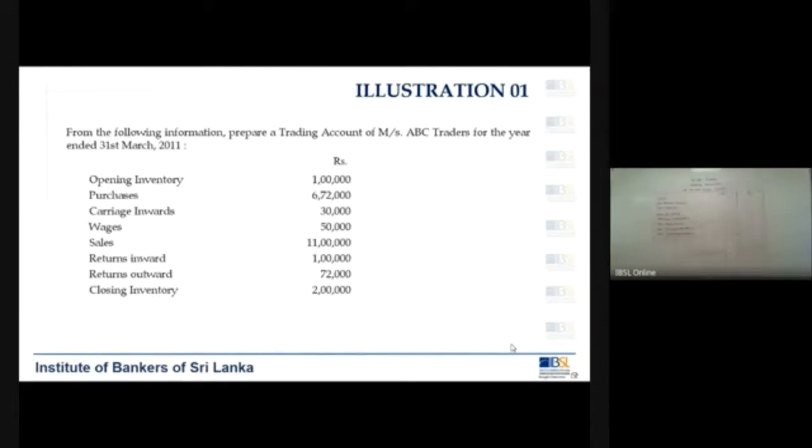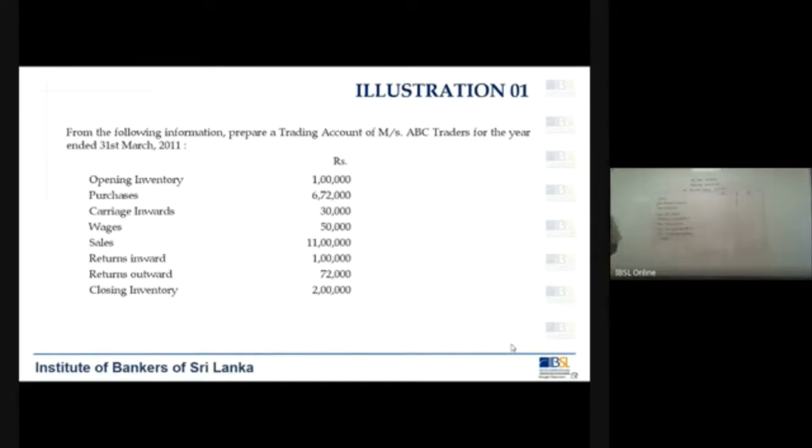So this is like a payment that you make for temporary staff, laborers and so on. So the wages is actually not considered as part of the administrative expense. It is part of your cost of sales.